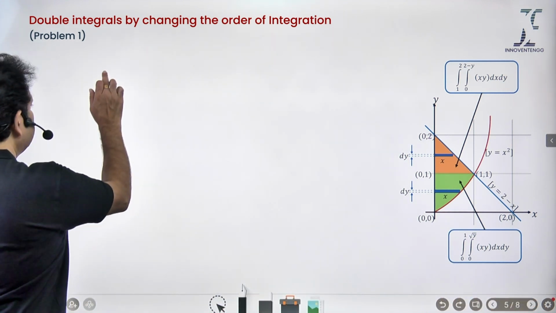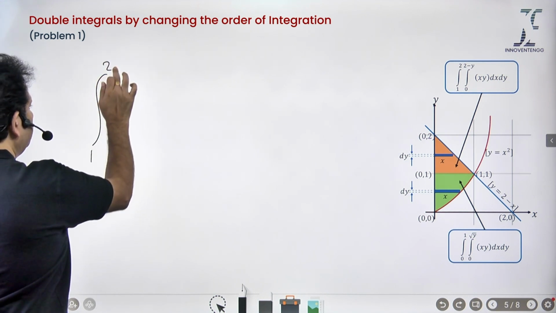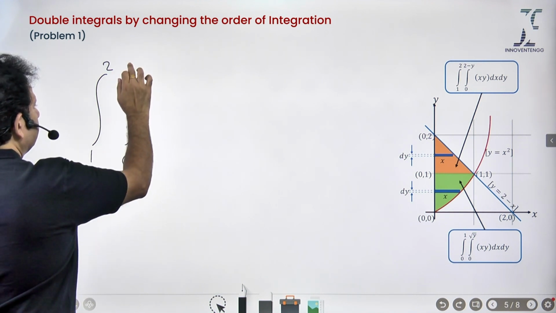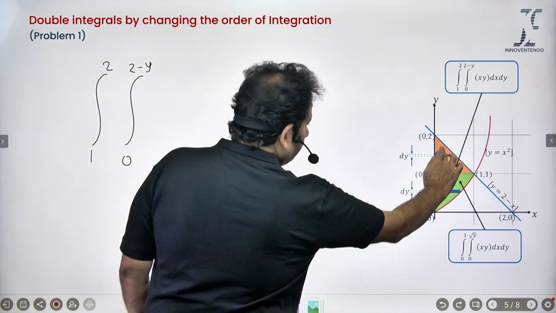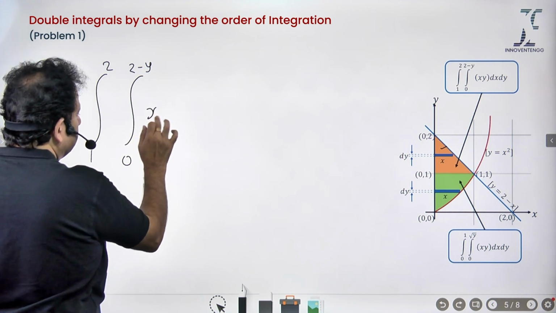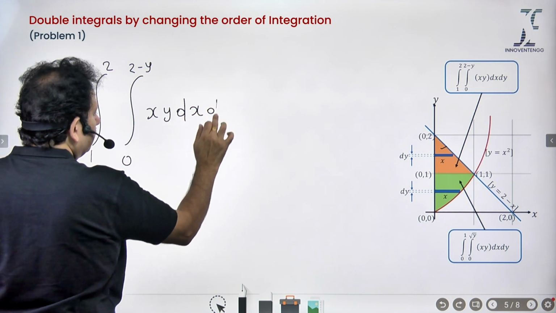So now let's evaluate it. So how do you go about it? The first integral has got the values 1 to 2, and then integral 0 to 2 minus y, because you are hitting the straight line. I am talking about this area. And then xy, and then dx dy.